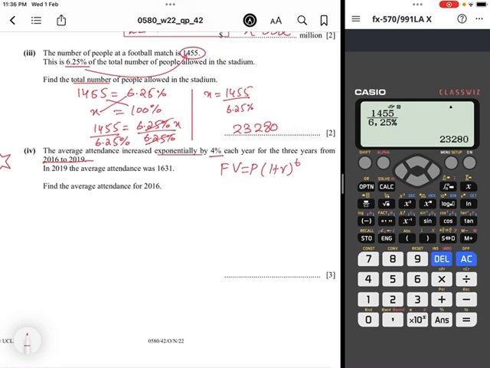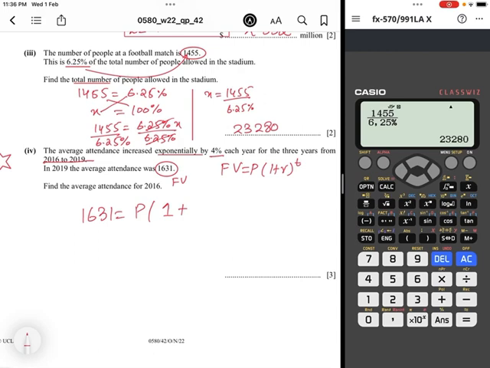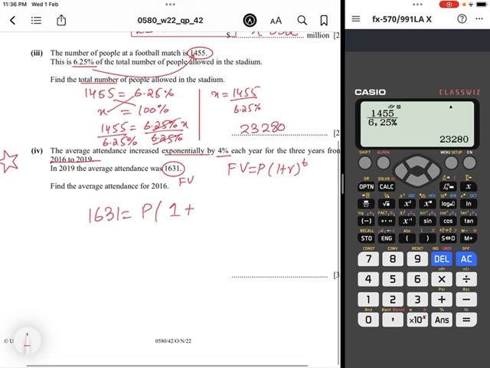Find in 2019 the average attendance is 1631. So it means that this is my future value. So you can see that it is 1631 equals P, which is unknown in this question, as it is percentage increase, exponentially increase. That is the reason I will write 1 plus r percent, which is 4%, and power t, which is 3.